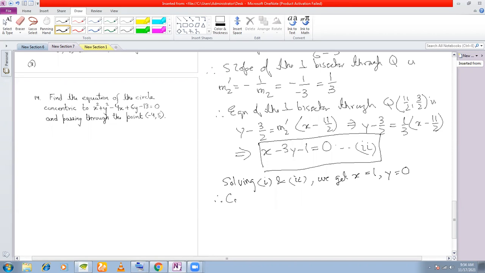Therefore, the coordinates of the circumcenter M is (1, 0). We have got the coordinates of M, and therefore what is the circumradius?